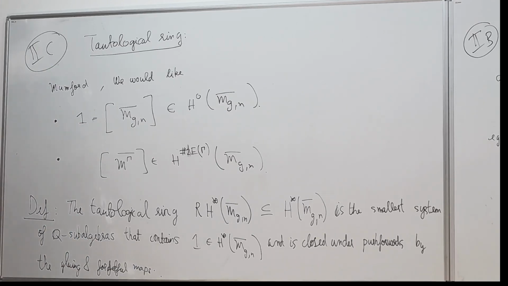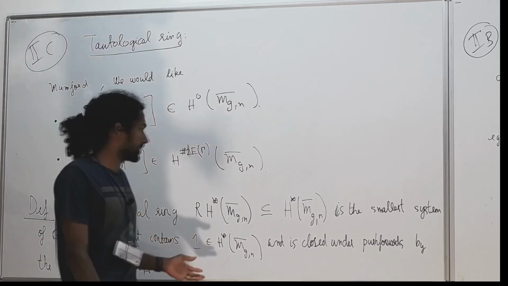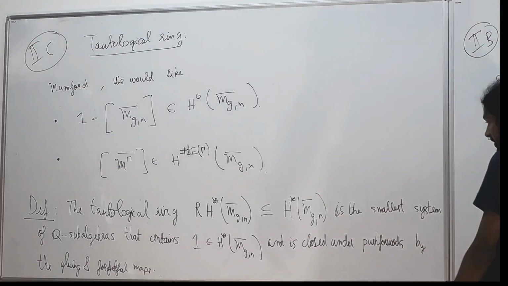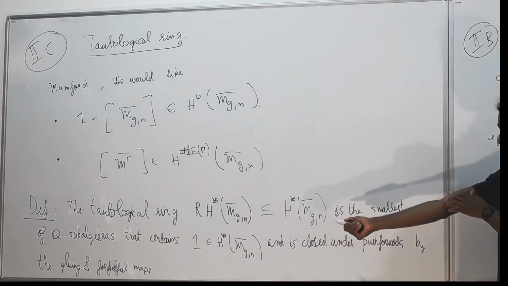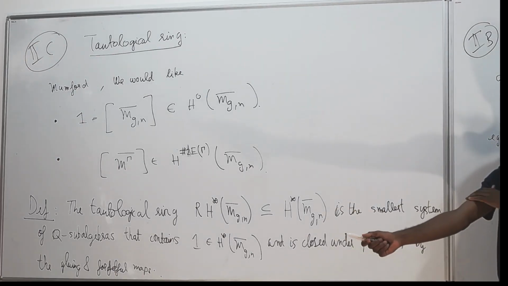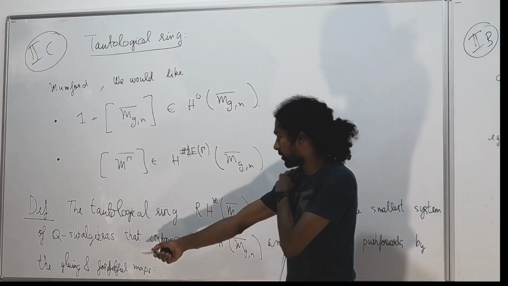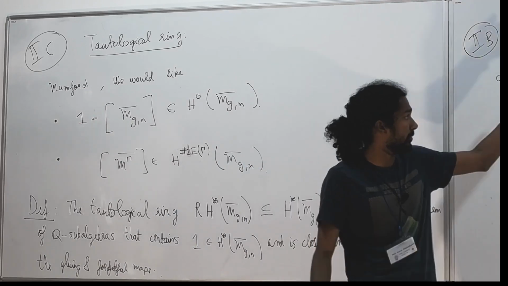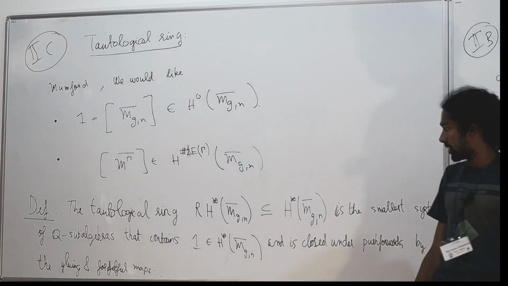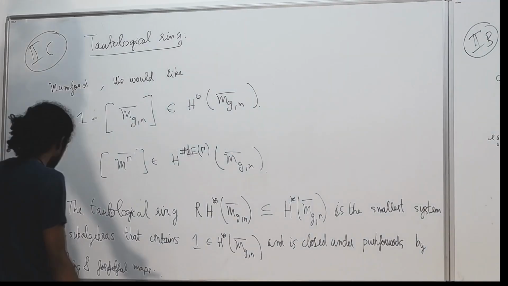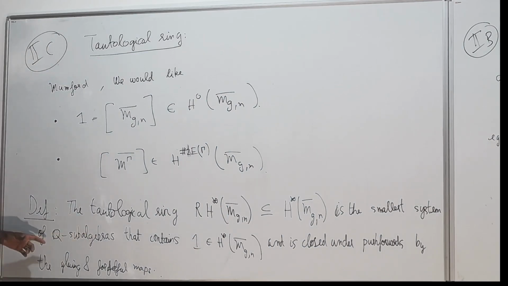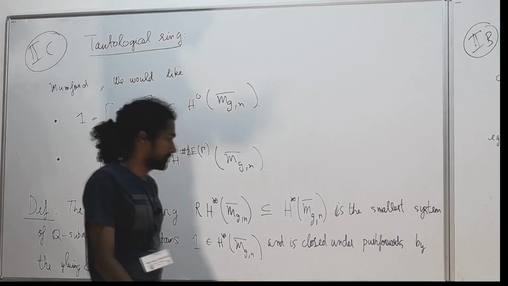Okay, so what do I mean? Let's think about this definition a little bit. First of all, it's defining all of them simultaneously, because if I take push forwards by gluing and forgetful maps, remember that I'm going to go to some other moduli spaces. Secondly, what does it mean that it's defined as a Q-subalgebra?